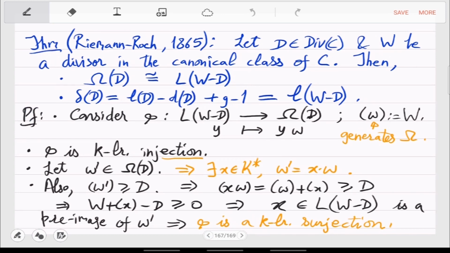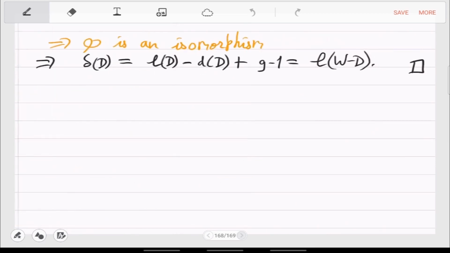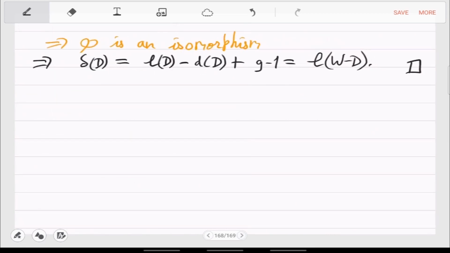Okay, so basically this proof is hardly anything. We just have to see the development that we have done before this. So from that it follows that the differentials over this divisor D, they are actually this L sheaf on W minus D. So that is the statement of Riemann-Roch. There is a sequence of corollaries that are very useful to know.